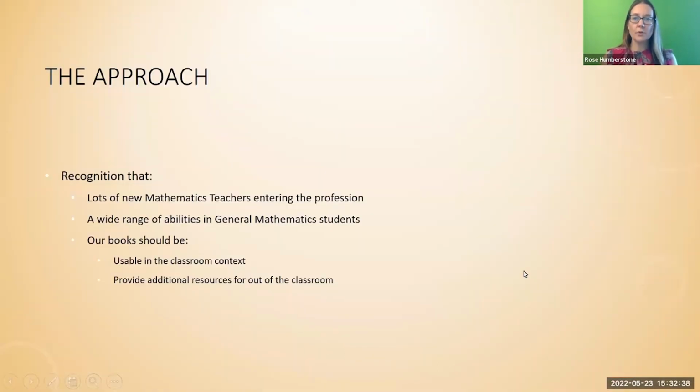So the approach that we took in redesigning the structure of the textbook was first of all to think about who's using the textbook. That is, our teachers and students. We recognise there are lots of new maths teachers entering the profession, and that means a lot of new maths teachers will be teaching general maths for the first time in the coming years. We also realise that there is a wide range of abilities in general mathematics.